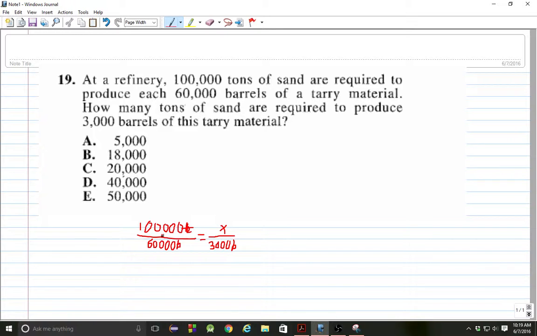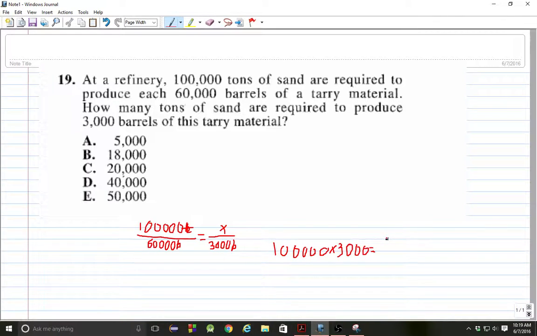So it's like 100,000 times 3,000. Could do this in our head or with a calculator. I'll try doing this in my head. That's 3 with 8 zeros.